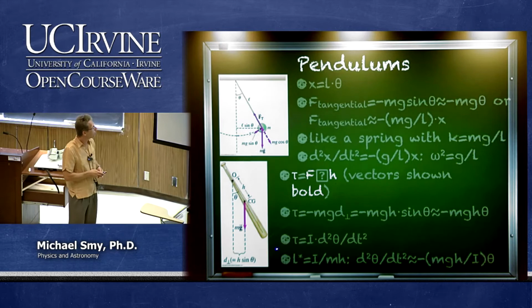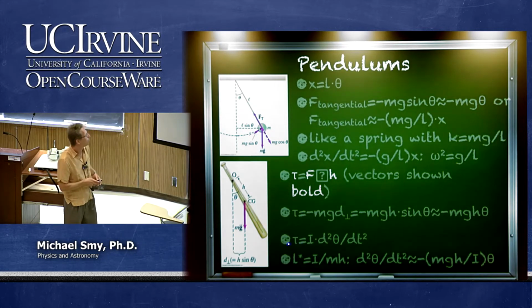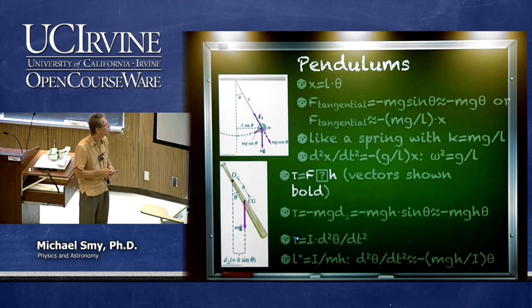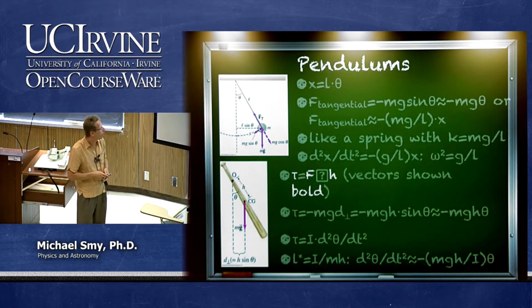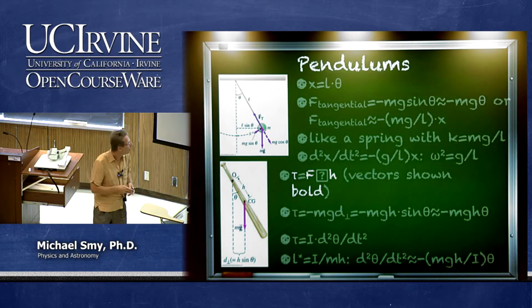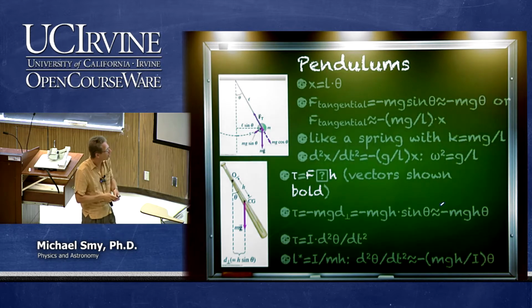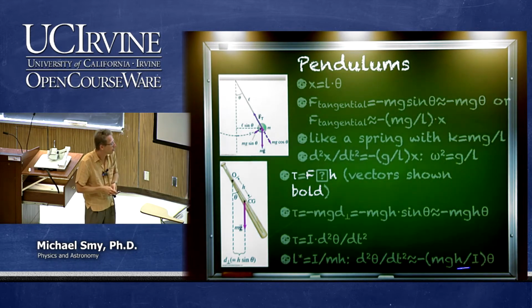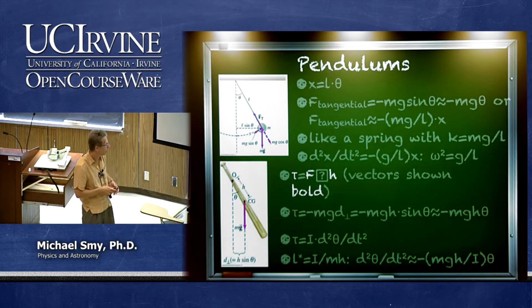Now we use Newton's law for rotation, which says that the torque must be equal to the moment of inertia times the second derivative of the angle. If we do that, we again get the equation of a simple harmonic motion: the second time derivative equals some factor times the quantity itself.